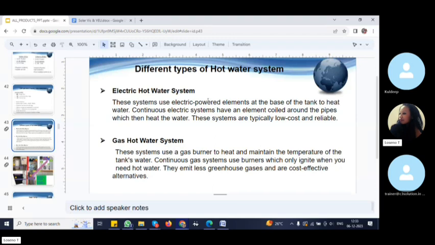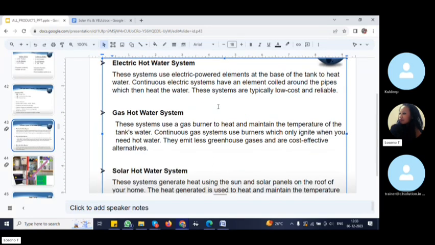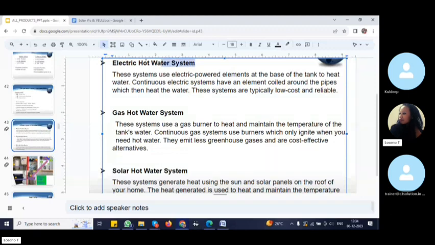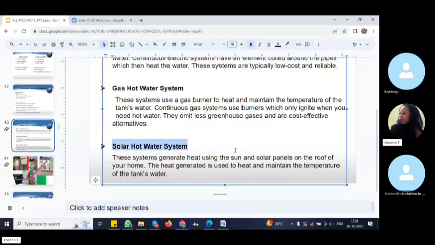So focus. Now, different types of hot water system. This was the question which Diana was just asking you. We're talking about the different types of hot water system that customers are currently using in their premises, in their house. Some customers might have an electric hot water system, some might be using a gas hot water system or a solar hot water system.